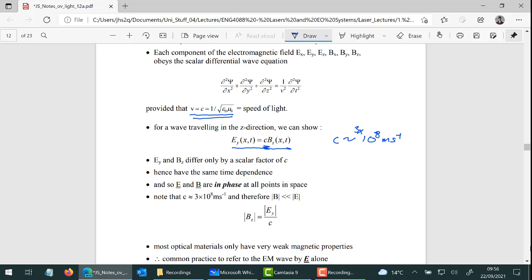Quite a large number. It's 3 times 10 to the 8 if we want to be closer to the truth. And so the electric field is 10 to the 8 times bigger in amplitude than the magnetic field.